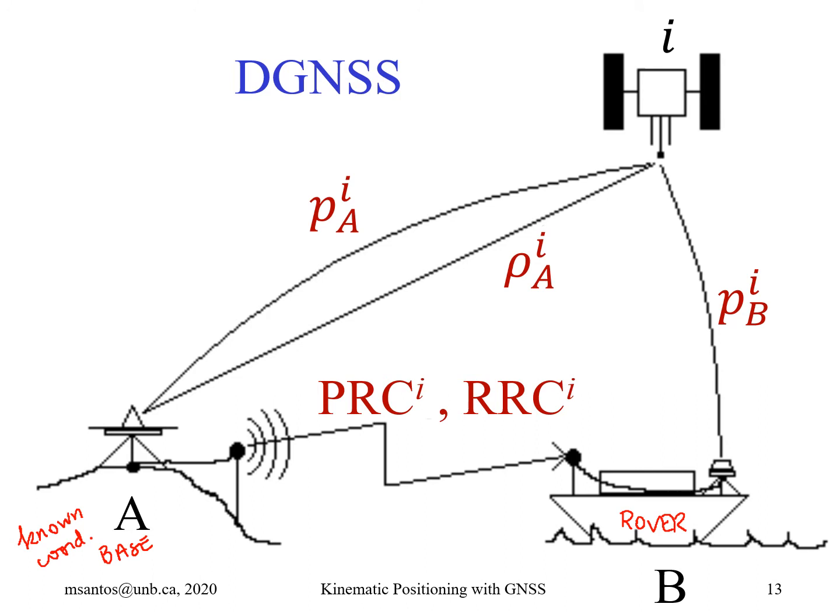Receiver A and receiver B, the rover, observe the same satellite I at the same time. We have the pseudo-range measured from receiver A, and the pseudo-range measured from receiver B. Because we know the coordinates of A and the coordinates of the satellite, we can compute the geometric distance.